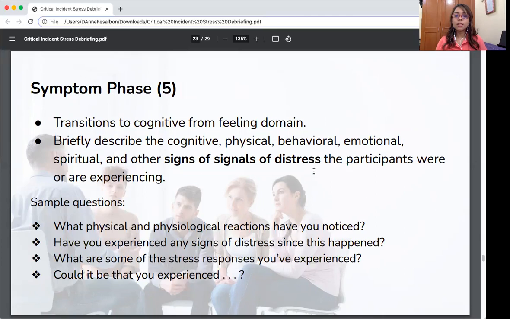This is where we transition to the cognitive from the feeling domain. Since you have already talked about their feelings, you'd want them to go back to the cognitive now, and you help them describe the cognitive, physical, behavioral, emotional, spiritual, and other signs or signals of distress the participants were or are experiencing.